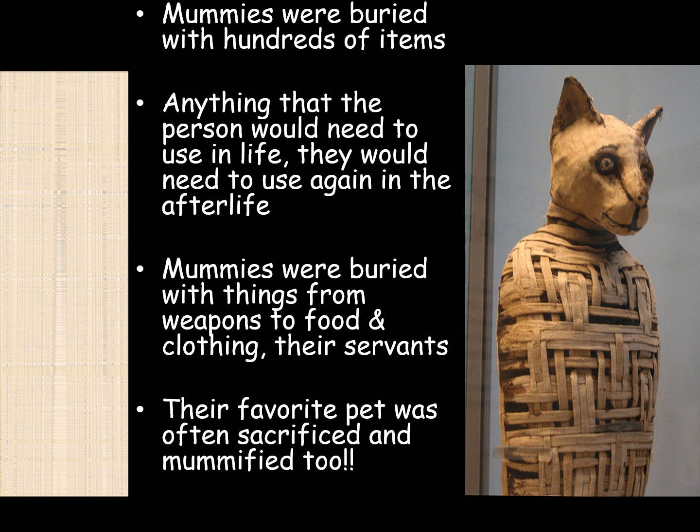Because after all, who's going to wait on them in the afterlife? And also their favorite pet was also often sacrificed and mummified too. So it's kind of like a big game hunter or a fisherman or someone who stuffs an animal, kind of like a forerunner to taxidermy. And of course, their favorite animal was the cat, which is why we like the Egyptians so much.